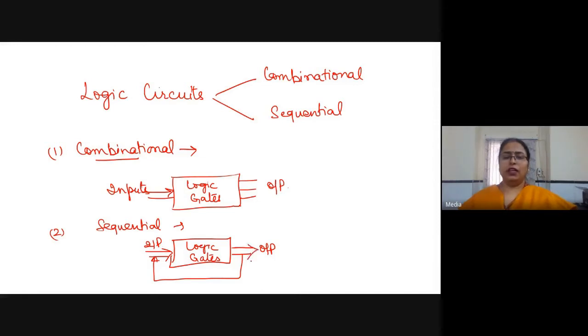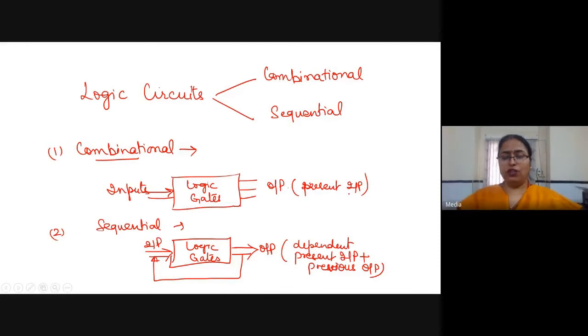So in a sequential circuit, the output is dependent on the present input plus the previous output. Whereas in a combinational circuit, the output is dependent on the present input only. This is the basic difference between a combinational circuit and a sequential circuit.